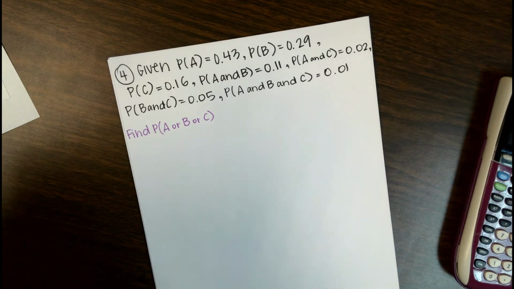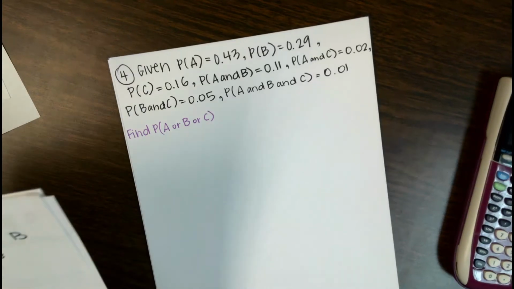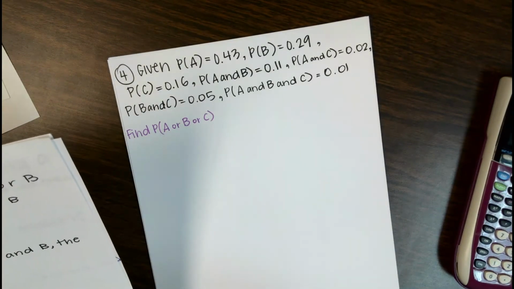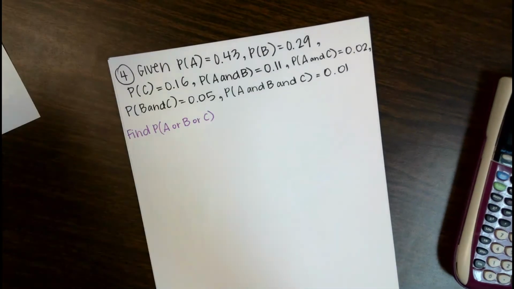Okay, so this is just going to be multiple events, so it's going to use the same formula, but it's just going to make it longer. So we don't just have 2 events.